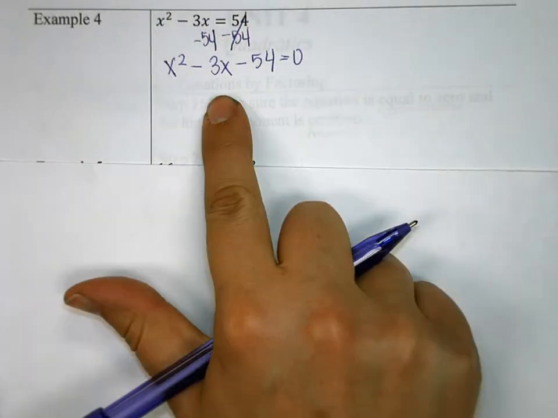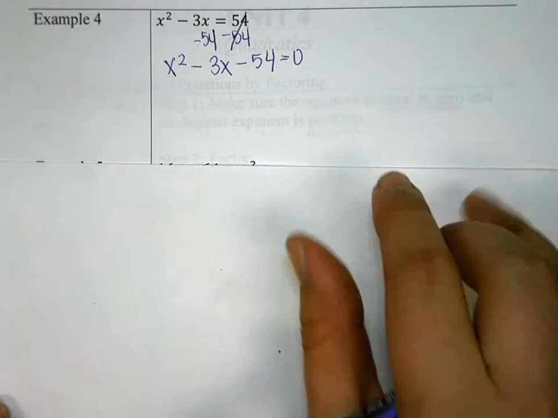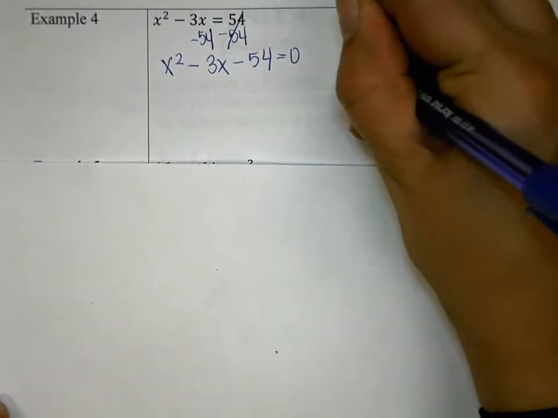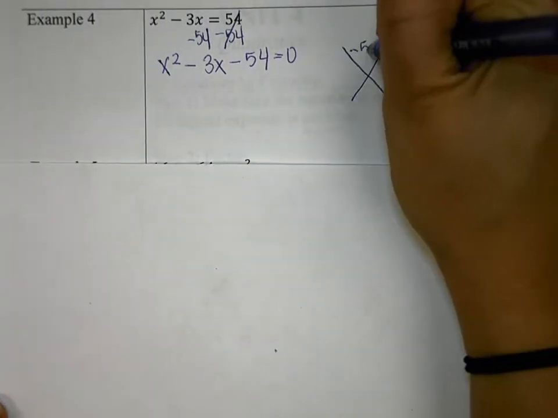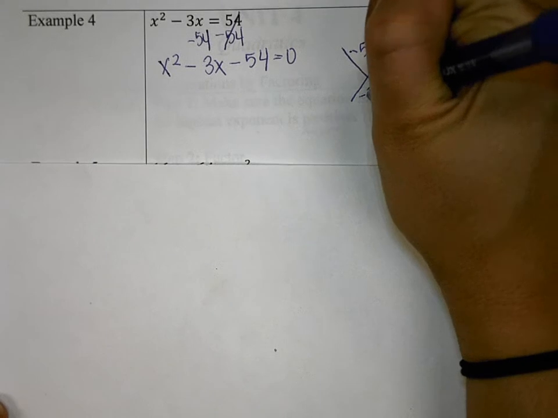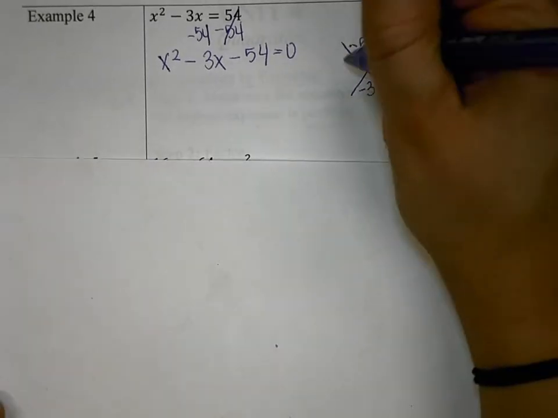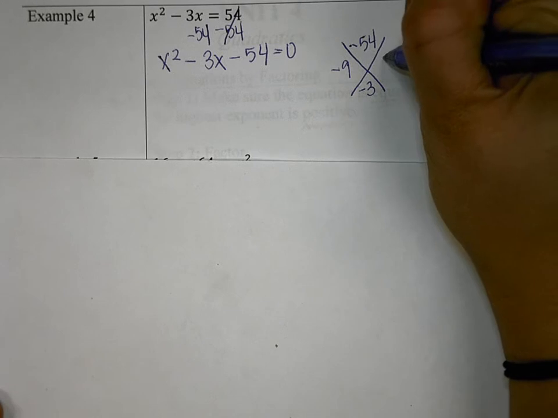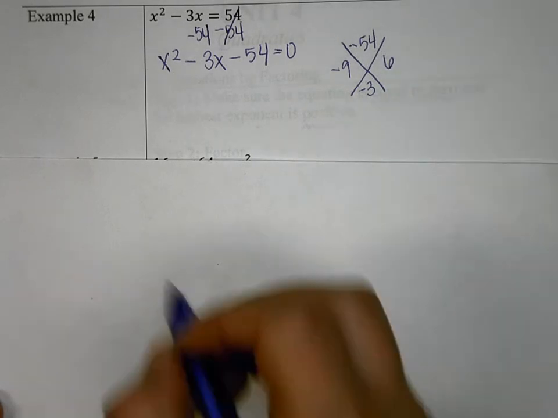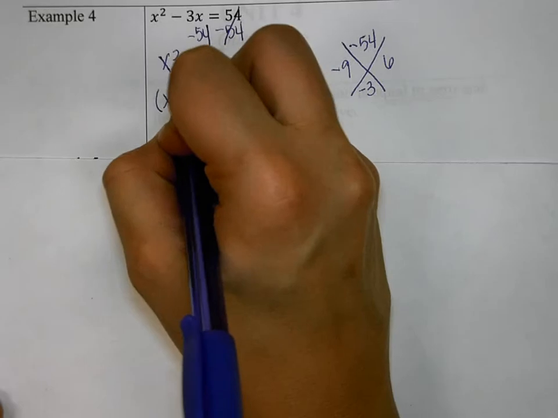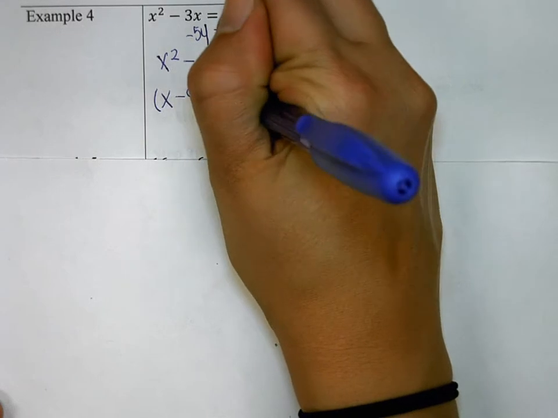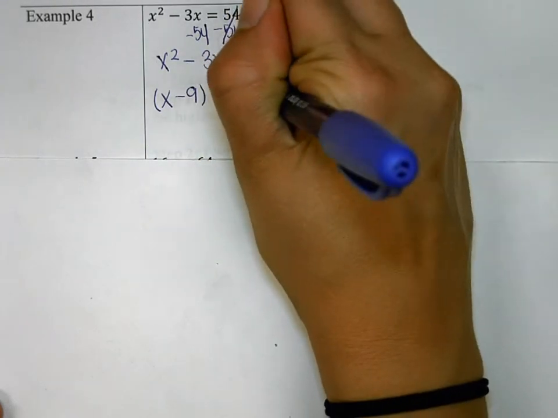And we can factor this using the diamond method. So let's think of two numbers that multiply to negative 54 and add up to negative 3. That's going to be negative 9 and positive 6. So this factors to x minus 9 times x plus 6 equals 0.